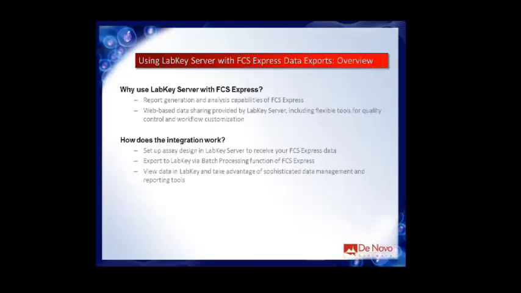And then the cool thing is the export from FCS Express to LabKey takes advantage of the built-in batch processing function of FCS Express. So the normal batch processing you would do in FCS Express to export to Excel or PowerPoint or PDF, it's that same interface, that same functionality that will allow you to export out to LabKey. So from the FCS Express side, there's nothing new you have to learn from that standpoint. And then once you're in LabKey, you can take advantage of the sophisticated data management and reporting tools there.